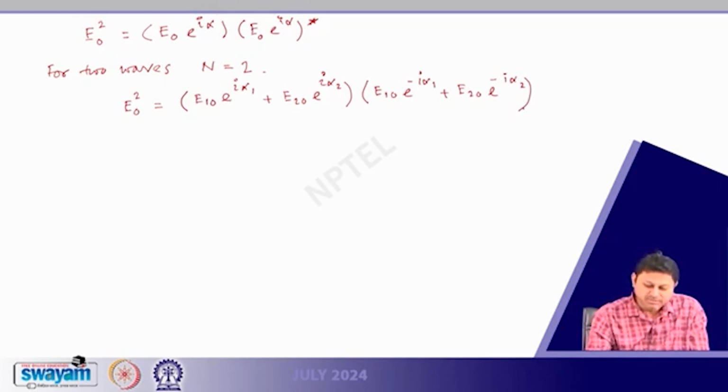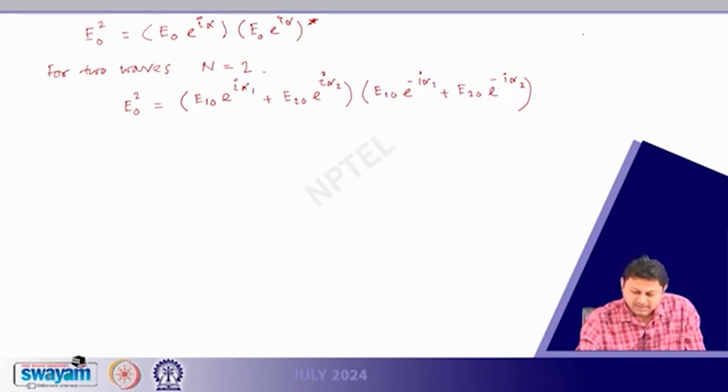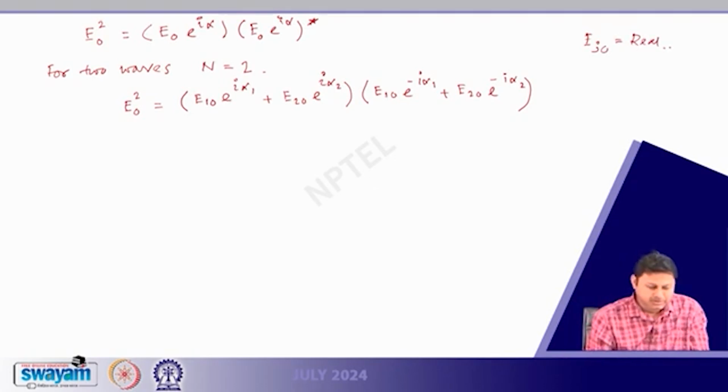This is the way I should write if n equal to 2. This quantity multiplied by the star of another quantity, and considering the fact that E10, E20 or in general Ej0, they are real.